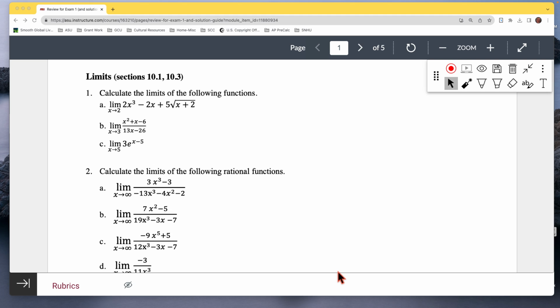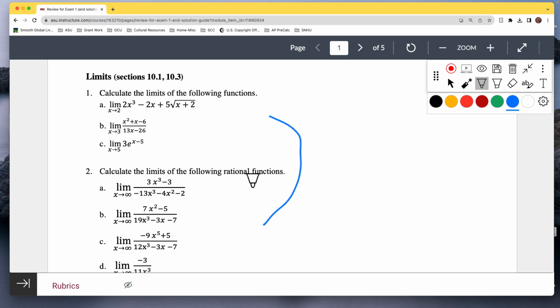So there's a couple here on calculating limits, right? And there will be a question about limits. It's not a test completely about limits. So for these, what you want to remember is that when we look at the limit going to infinity, what we consider is the largest one.